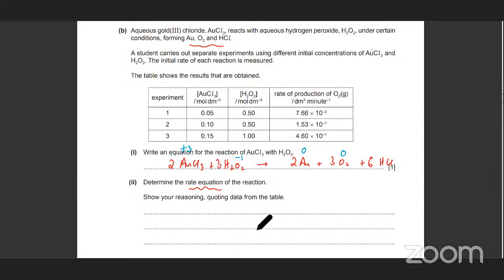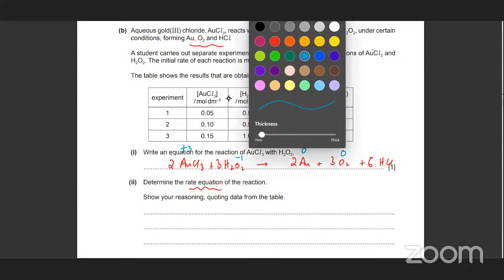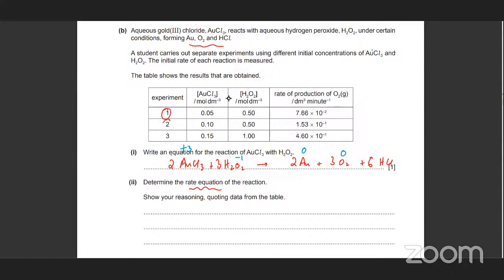Now in this case, what you have to do is find the order of the reaction. How do you find the order of the reaction? To find the order, compare 1 and 2, so that's easy. H2O2 is not changing. This is doubling, so that's times 2, and you can clearly see what's happening over here.